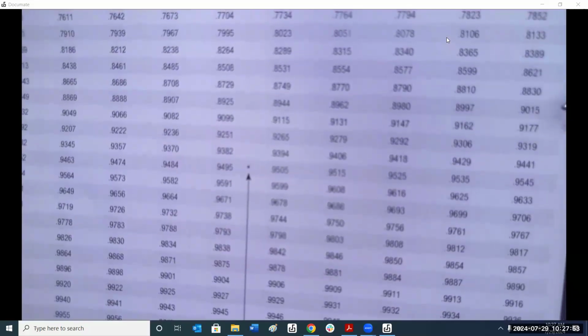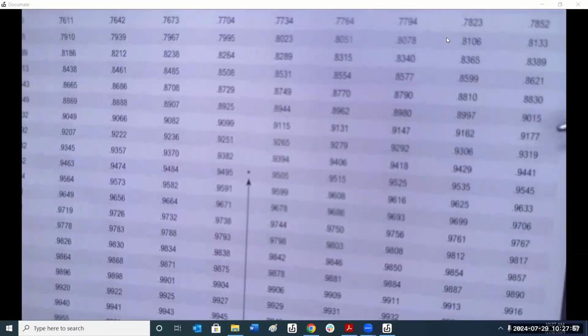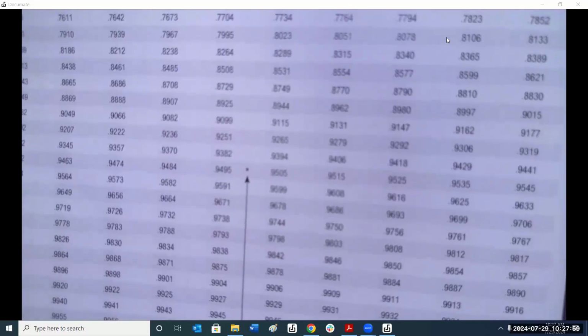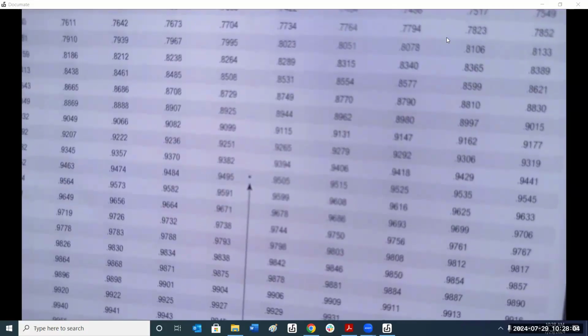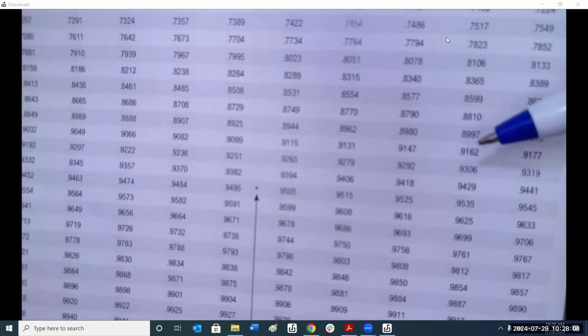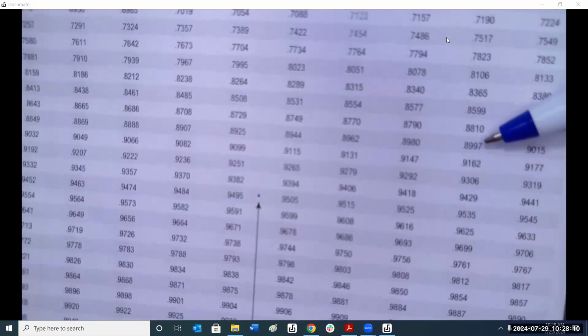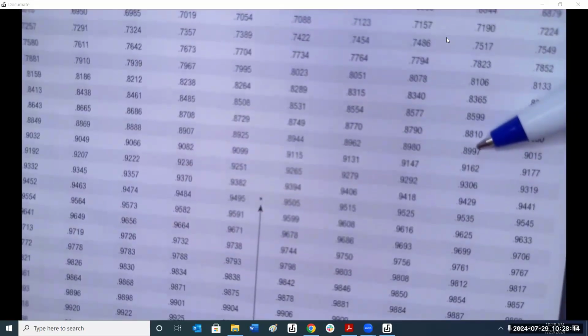Which one's closer? It's pretty much in the middle. So take both of those, divide by 2. So this one is 1.2.